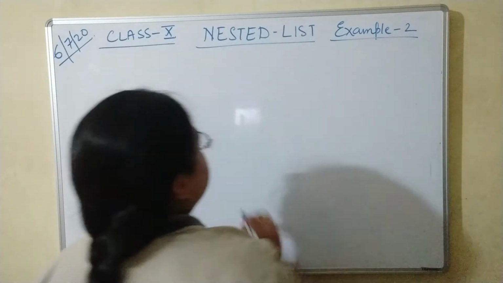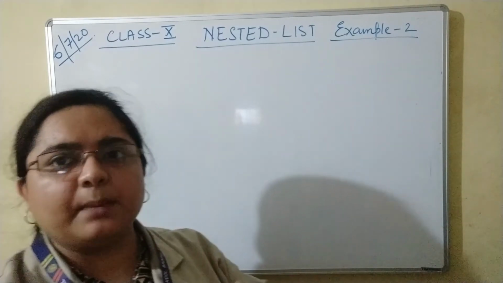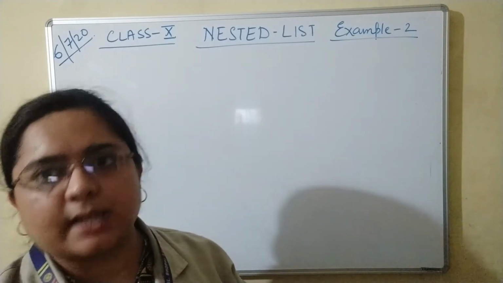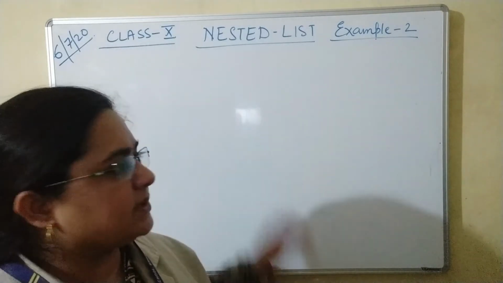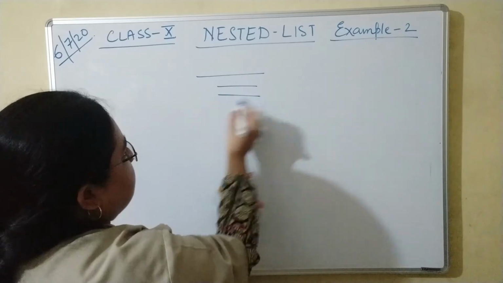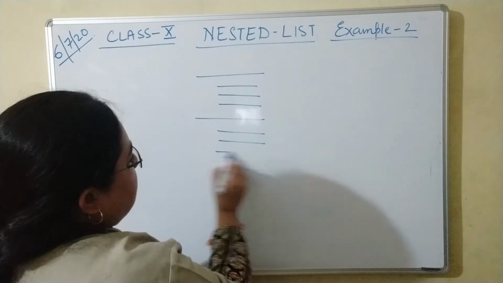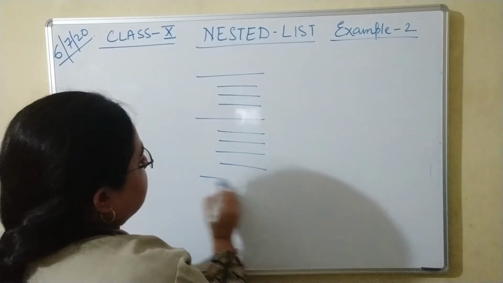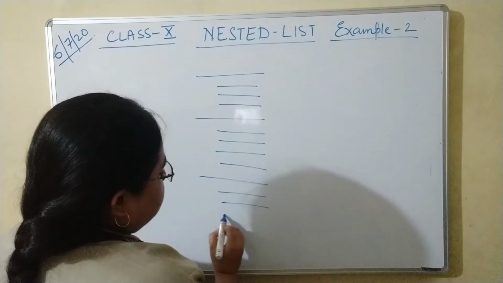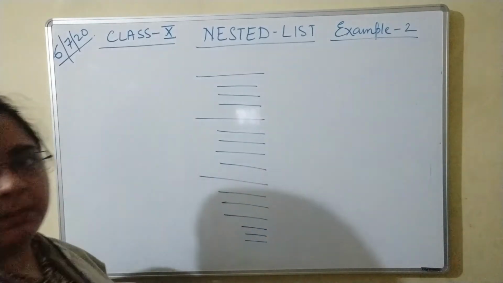As I had said, a nested list is a collection of sublists within the main list items. If your list items contain sublists, like if this is a main list item and these are sublists, each of the list items can contain sublists, and even within each sublist you can have their own sublists.